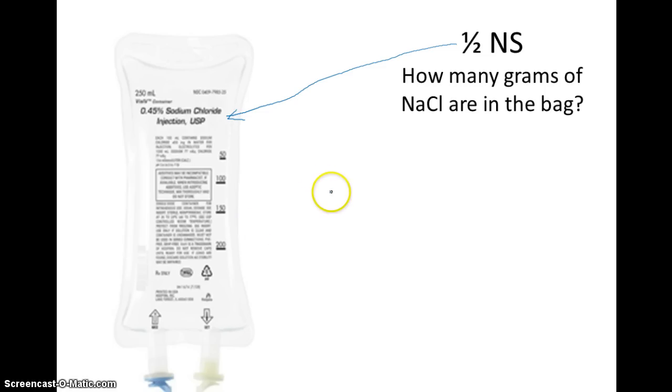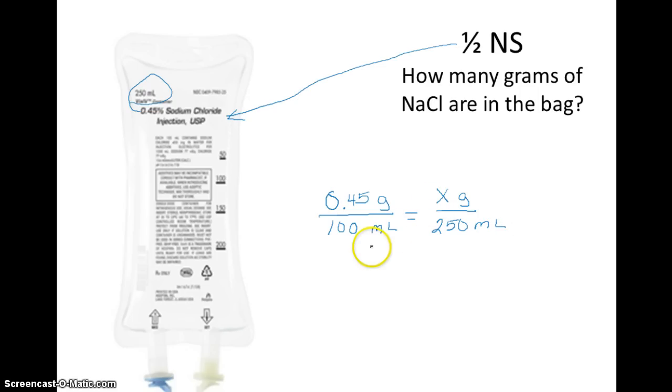So again, it's a percent measure problem, so I take 0.45 as my percent and make that the grams. I put that over 100 milliliters because that is the definition of percent measure. And again, my question, how many grams of sodium chloride are in the bag? Volume of the bag given up here in the corner is 250 milliliters. So I have a proportion.